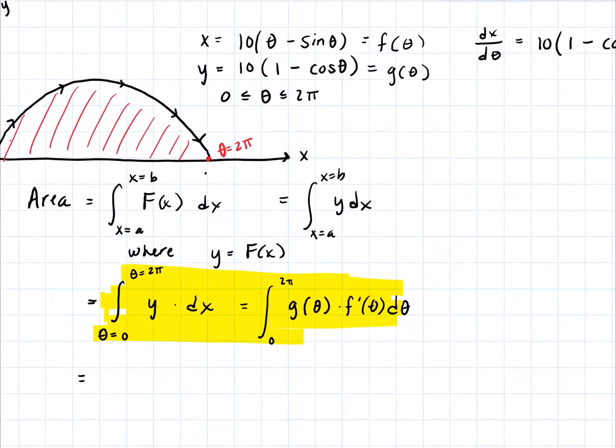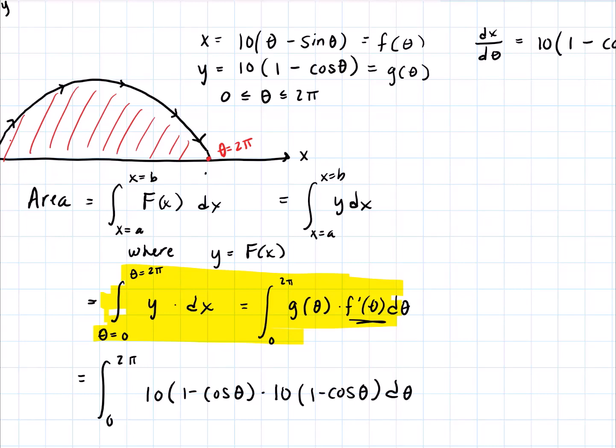So this is going to be the integral from 0 to 2 pi of 10 times 1 minus the cosine of theta, times, it turns out, the derivative of x, which is 10 times 1 minus the cosine of theta as well, d theta.